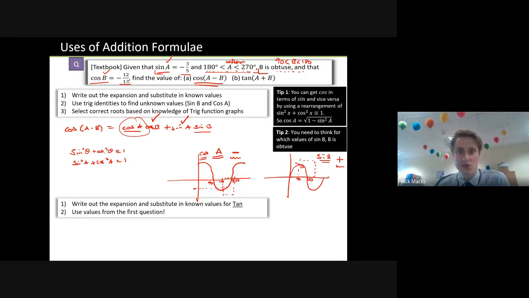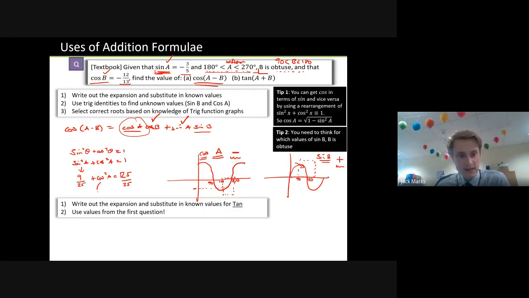Now, sine squared A, I actually know what sine A is. It's minus 3 over 5. So if I square that, this is the same as 9 over 25, plus cos squared A equals 1. Now, in my head, I kind of do this. I think of 1 as 25 over 25, and I say, what's missing?